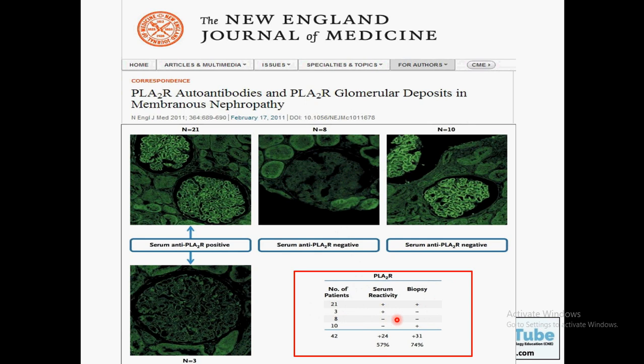In 8 patients, although they were diagnosed as primary membranous nephropathy, both serum and biopsy were negative for phospholipase A2 receptor antibodies. In 10 patients, serum reactivity for phospholipase A2 receptor antibody was negative, while the biopsy was positive.